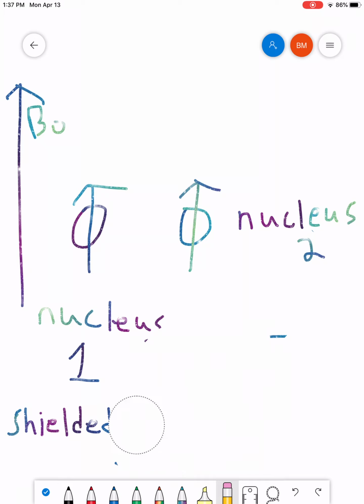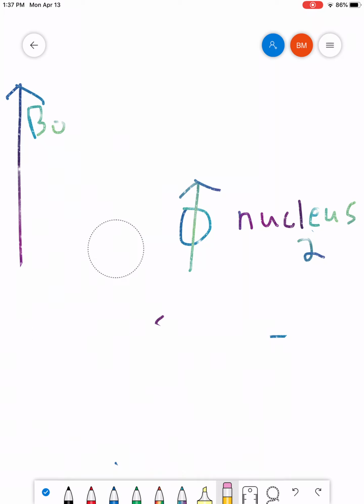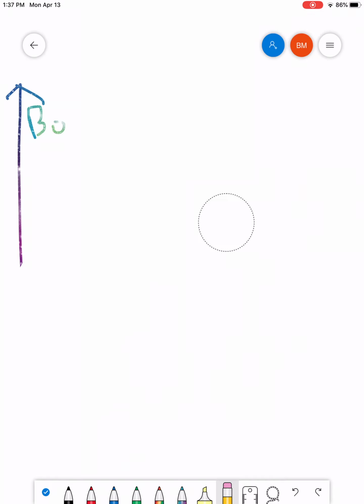All right, now conversely, there are other factors that can be present within a chemical structure that basically remove the effects of neighboring nuclei, right? So that nice little shielding effect that you have from your neighboring protons, sometimes that gets taken away by other stuff in the environment, right? This is a situation called de-shielding.